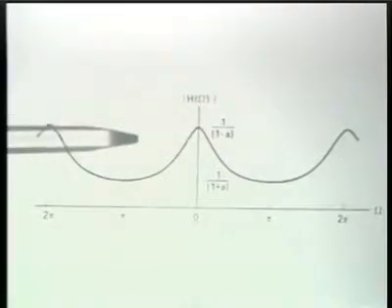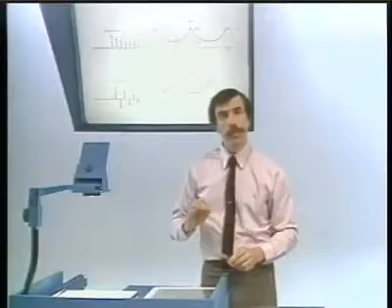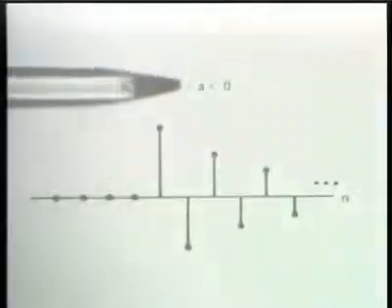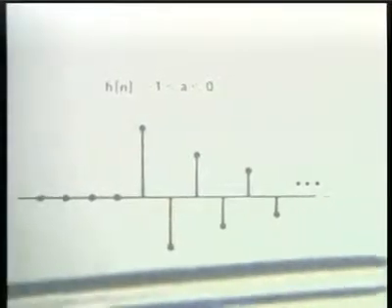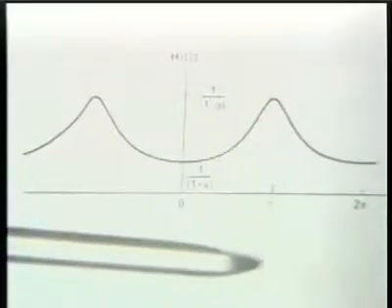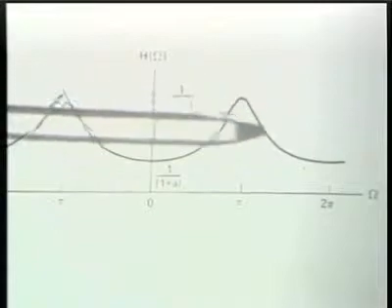Now, if instead the impulse response was such that we picked A to be negative, between -1 and 0, then the impulse response in the time domain looks like this, and the corresponding frequency response looks like this, and that becomes an approximation to a high-pass filter.